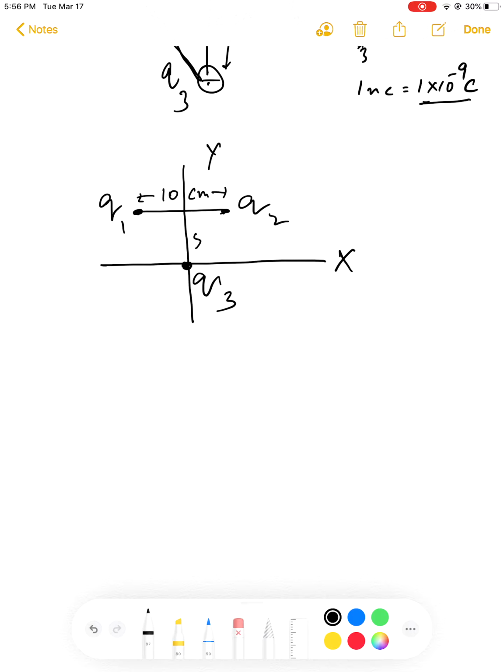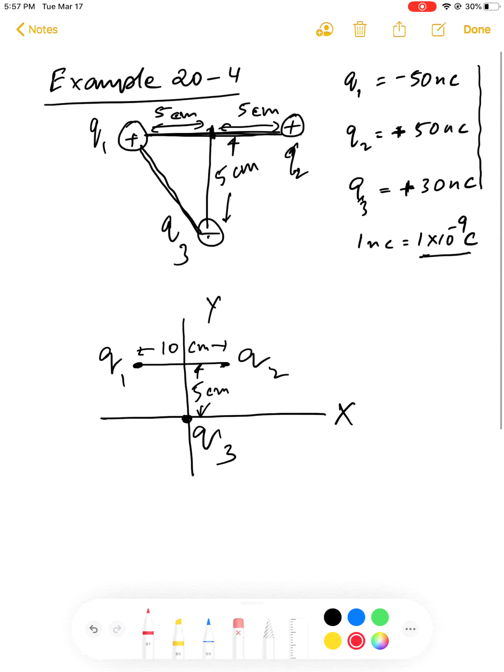Not that we really need this, but I'm still putting the numbers there so that we can start working with them whenever needed. The first force that you want to know is between Q1 and Q3, right? We know that Q1 is negative 50 nanocoulombs, and Q3 is positive 30 nanocoulombs.